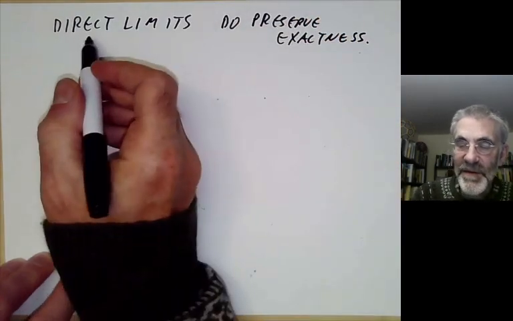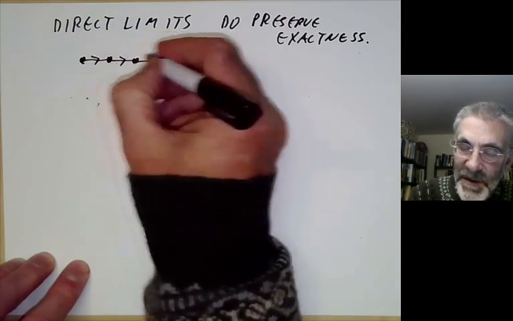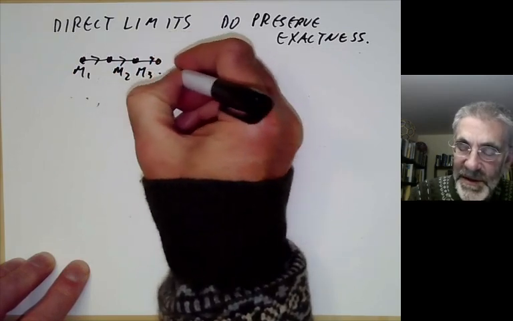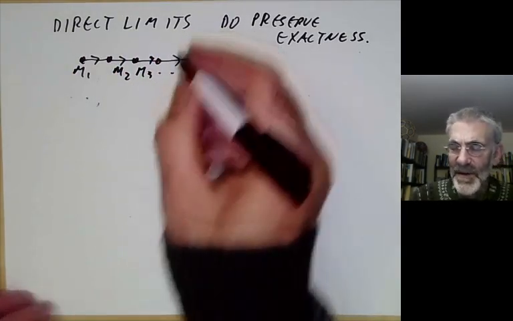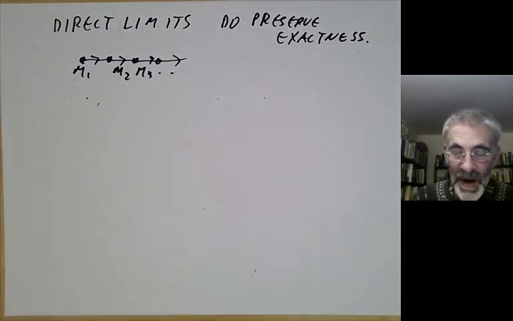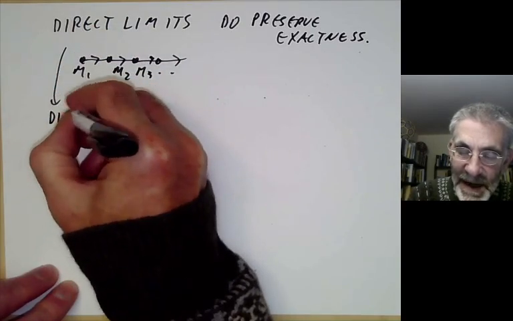So the simplest sort of direct limit is just the colimit over the positive integers. So we just take modules M1, M2, M3, and so on. And as we said, this isn't too far from taking their union. More generally, a direct limit will be a limit over a directed set.